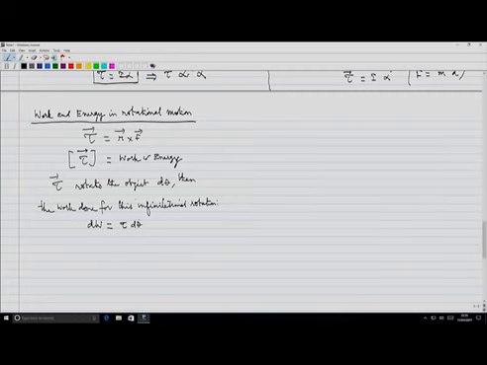So this is something similar to f dx in linear motion. This is the analogy.